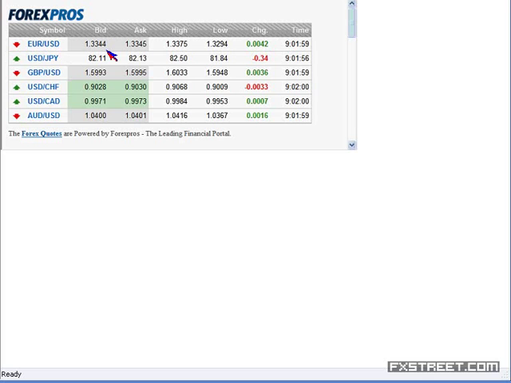We'll be using it in order to see the live market in course, and current time is 9:01 GMT. So the timing is given in GMT. Besides, you come across the four majors, Euro, GBP, USD Yen and USD CHF, and also the two commodity pairs, USD CAD and Australian dollar. You come across the bid and the ask.